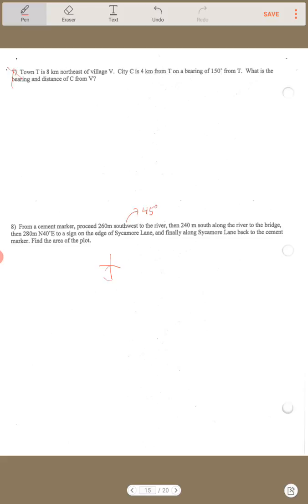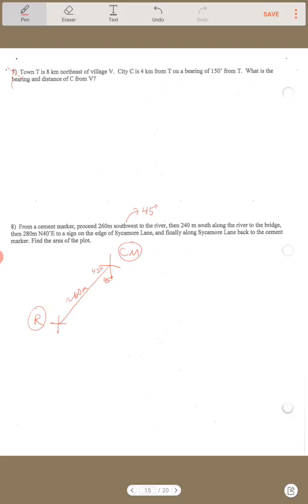Southwest will take us this way. And that'll be an angle measurement of 45 degrees in both sides because southwest is right down the middle. This is going to be a length of 260 meters. And we're going to go all the way until we hit the river. And this is the river here. This is the cement marker here.